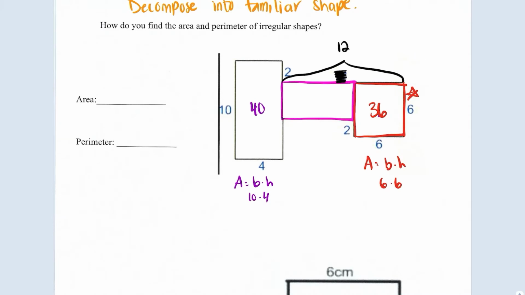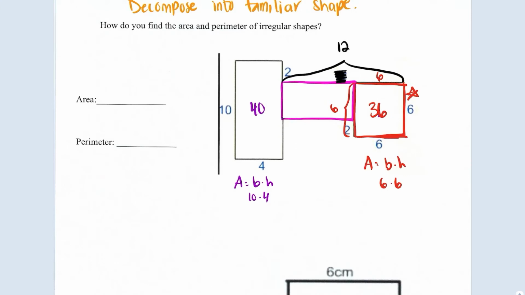What do you know about the side lengths of squares? Hopefully you said that squares have all the same side lengths. So if the bottom of the square is 6, so is that side, so then that must mean that this side is 6, and from there to there is also 6.